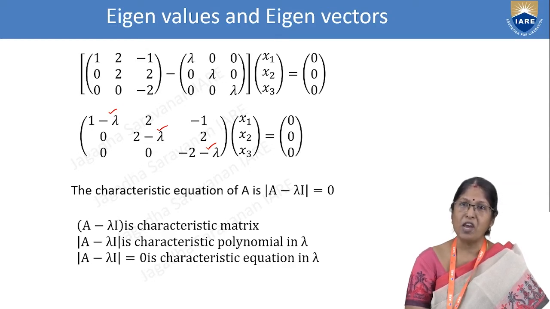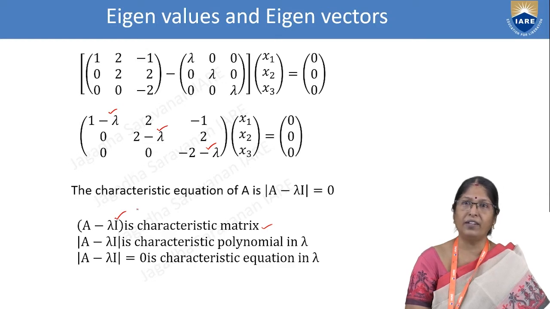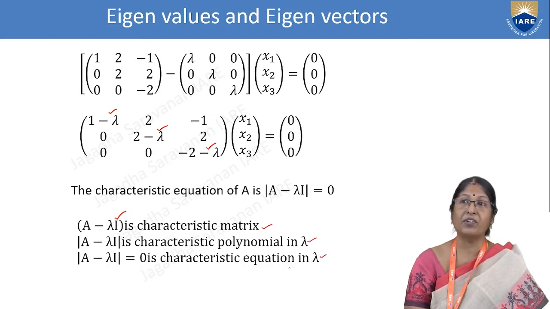First, A minus lambda I means it is the characteristic matrix. If it is the determinant of A minus lambda I, that means we are finding the determinant of this matrix, and we will get a polynomial in terms of lambda. If that determinant equals 0, we call it the characteristic equation. That is what we have taken here.